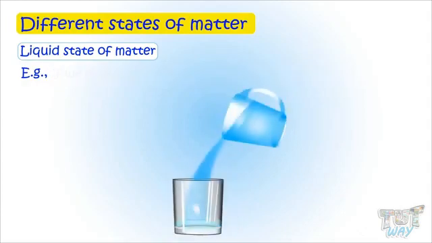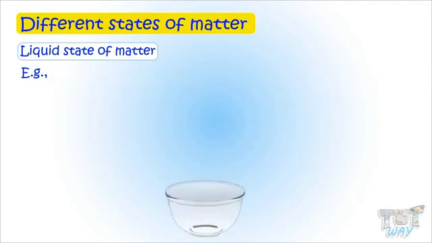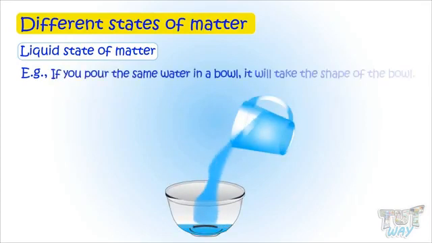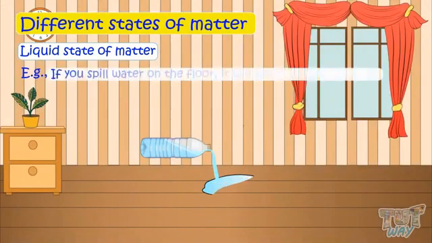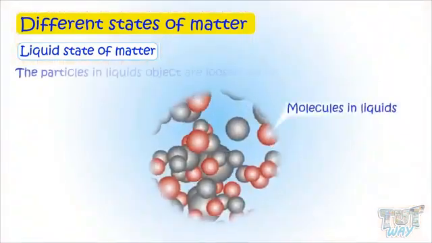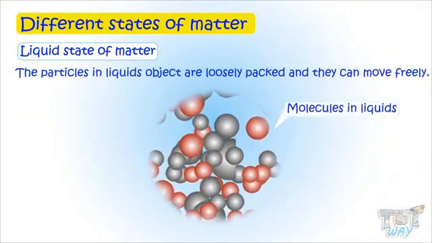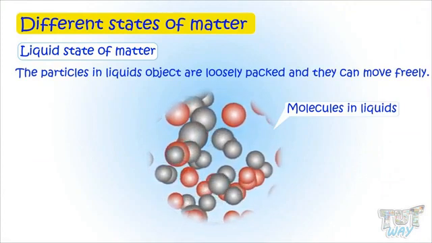And if we pour water in a glass, shape of water is same as that of the glass. If you pour the same water in a bowl, it will take the shape of a bowl. And if you spill water on the floor, it will again change its shape. This is all because the particles in a liquid object are loosely packed, and they can move freely.